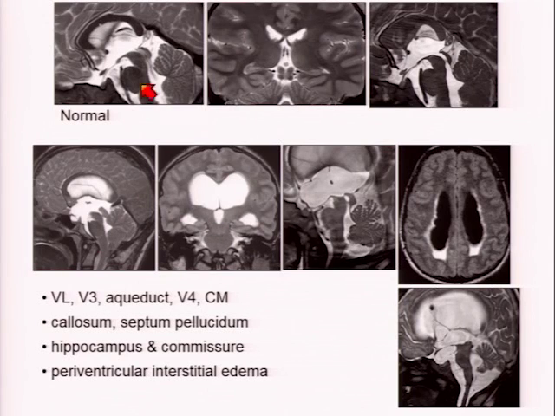On the above line, you have the normal anatomy. Below, this is a case with hydrocephalus. I'm going to stretch a few points: the bulging of the anterior recesses of the third ventricle. If you look at the ventricles, this is very interesting because this is the hippocampal commissure. These correspond to these.